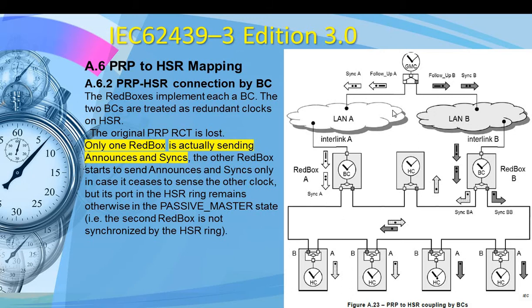The standard says the grandmaster sends out a sync follow-up message to LAN A and also a sync follow-up message to LAN B. These two copies of messages are received by the red box running as boundary clock.